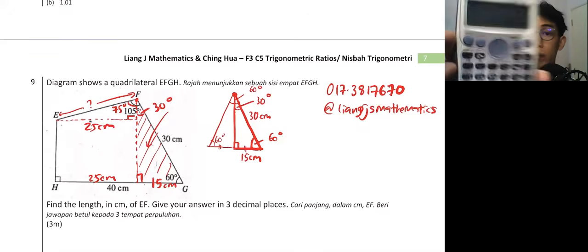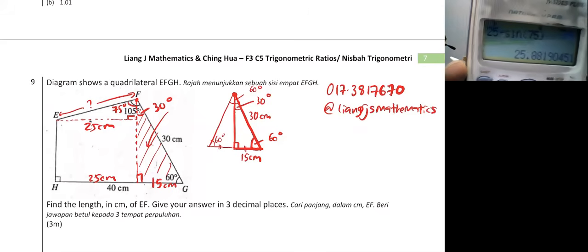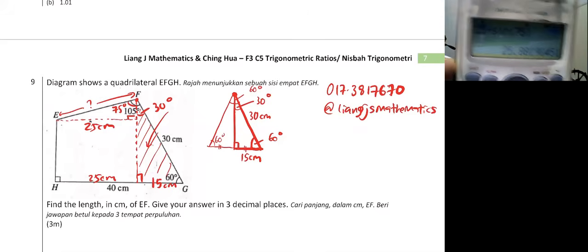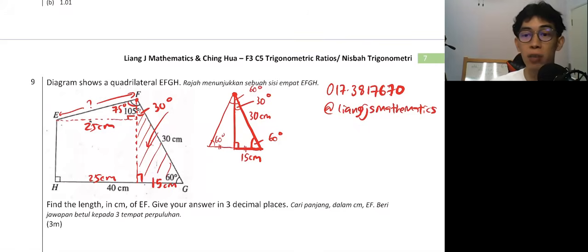The answer is this. Remember, 3 decimal points: 25.882. You have to round off 25.882 to 3 decimal places.